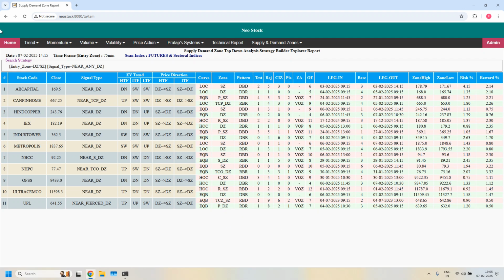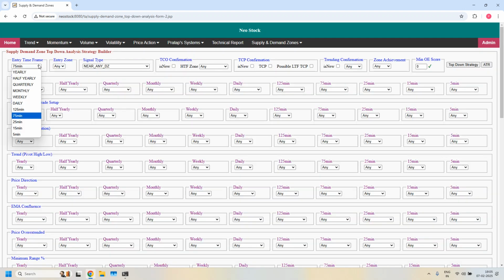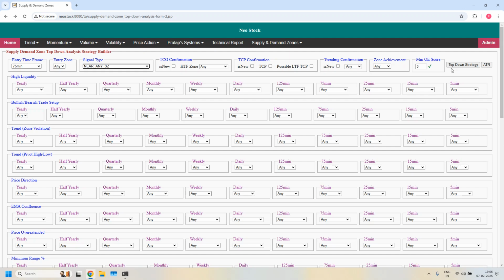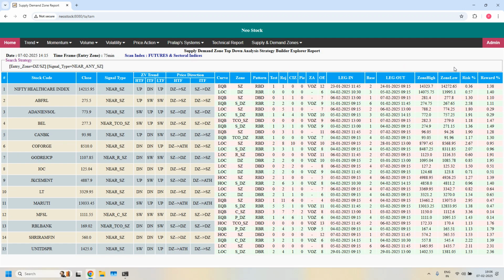Okay, next. For 75 minutes time frame, let us find the stocks near 75 minutes supply zone. We got 15 stocks. Let us identify high liquidity 75 minute supply zones from this list. Godrej Consumer Properties is having a high liquidity 75 minute supply zone.